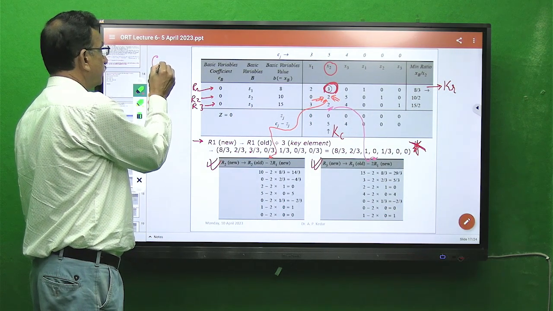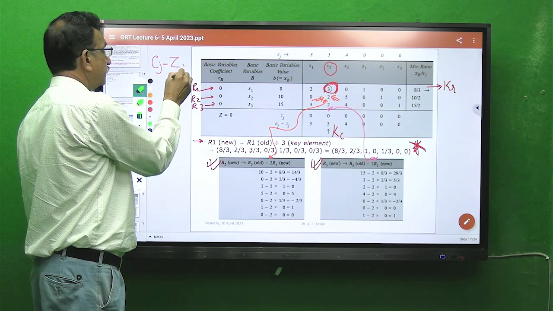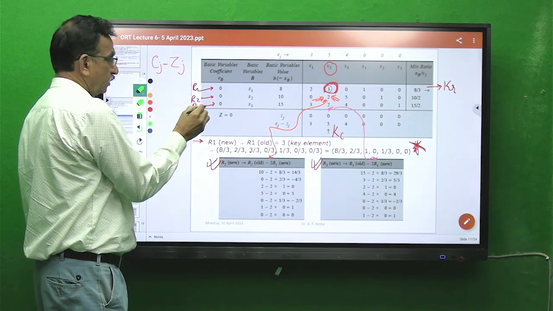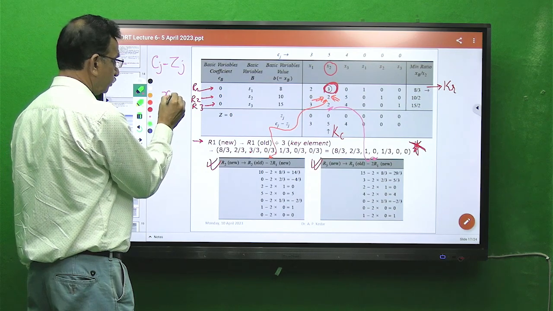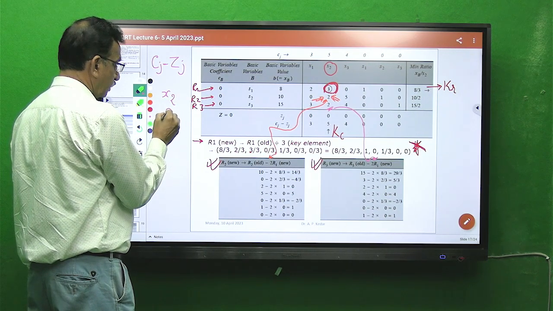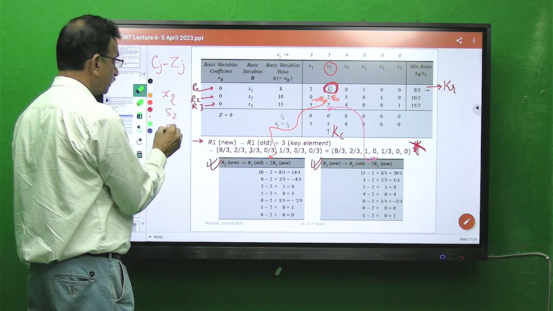And we will find again Cj minus Zj for the solution of x2, s2 and s3.